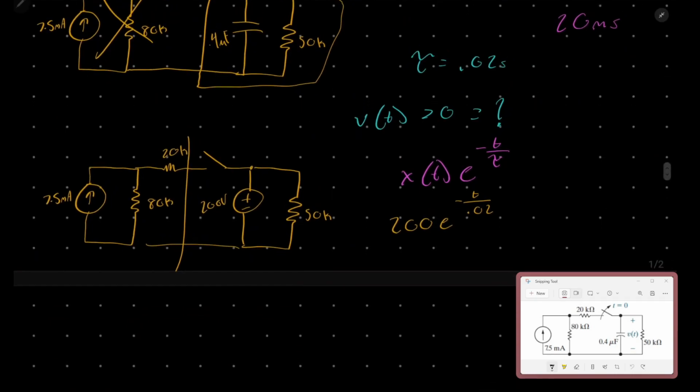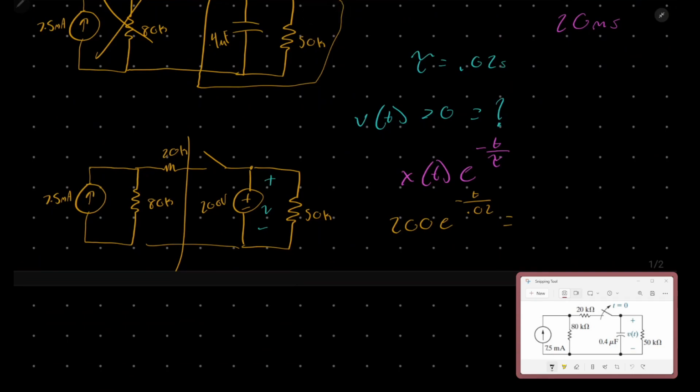And that is our voltage across this, or the discharge across this capacitor of voltage.